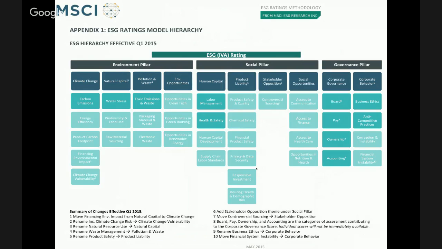They changed names of some of the specific key issues, that kind of thing. If we're tying key issues in MSCI to our own product and how we're rating companies, then we need to make sure we update anything related to those names if necessary. I see. Or any other changes that may occur for 2016.